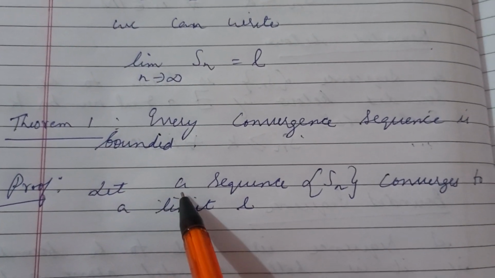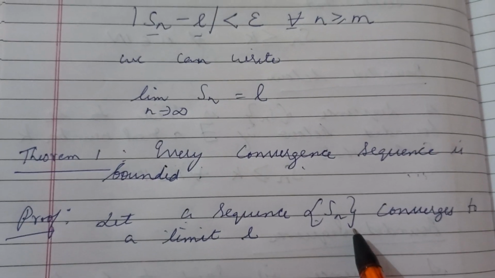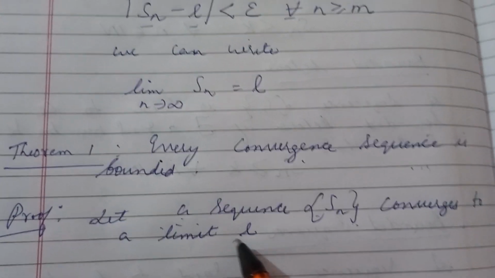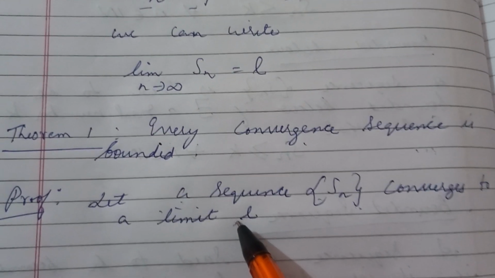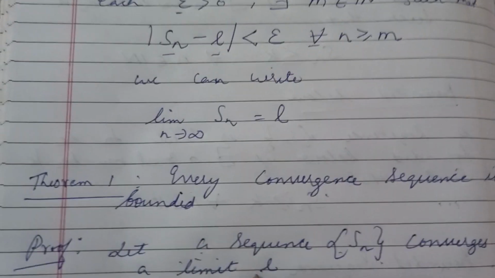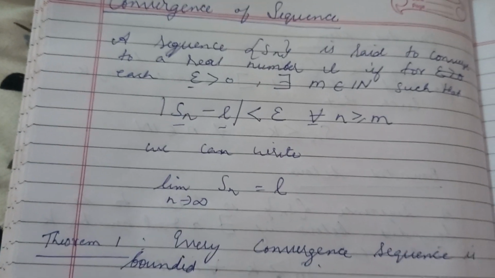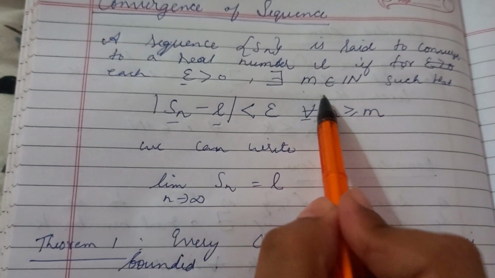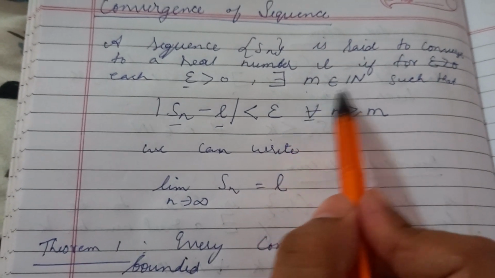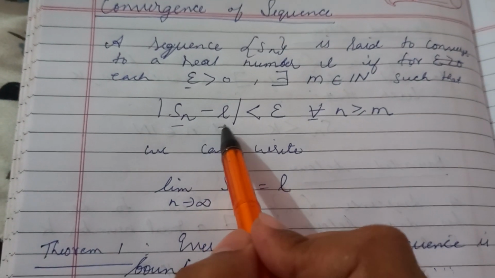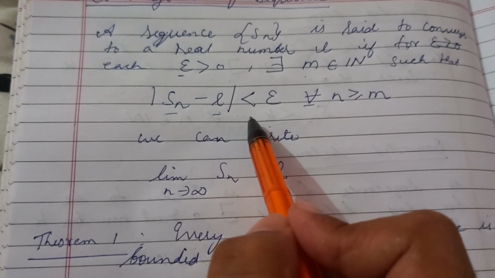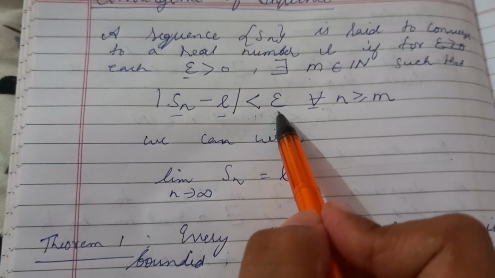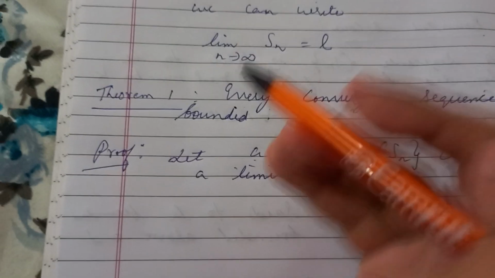Since we have considered a sequence Sn that converges to a limit L, we'll be using the definition of convergence of limit. So first of all, what was the definition? For each epsilon greater than 0, there exists m belonging to n, meaning m is a positive integer, such that |Sn minus L| should be less than epsilon. So we'll be using the definition.